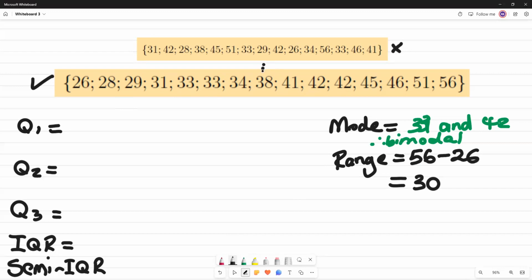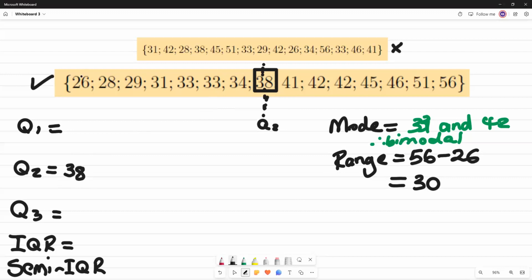So this data set, this one here, divides it into two equal parts, because you're going to have 7 on the left and 7 on the right. Which means this guy here divides the data set into two equal parts. So that will be your Q2 in this case. So our Q2 is 38.